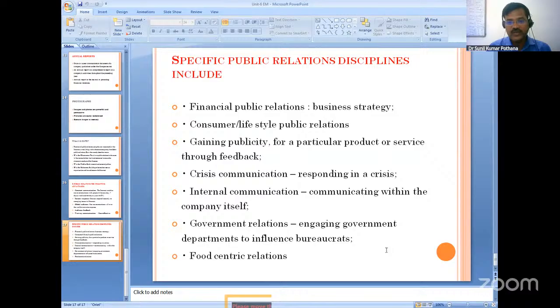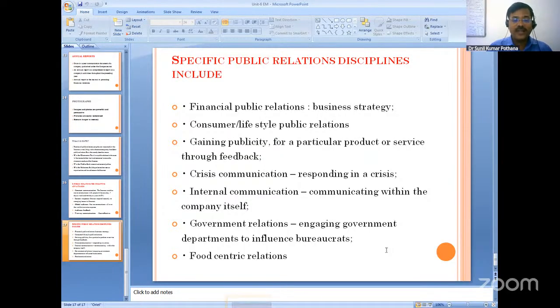Internal communication, communicating within the company itself, means all the employees, all the officers, all the managing directors, even the CMD, CEO. It is also a part of a public relations officer's work to maintain internal communication.